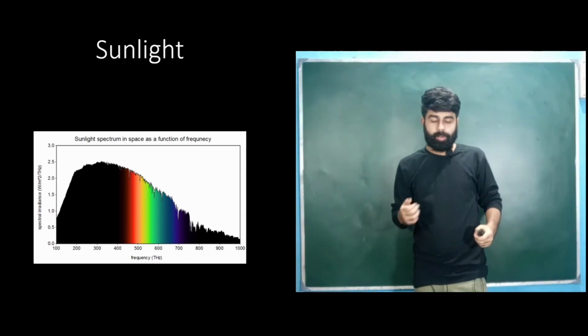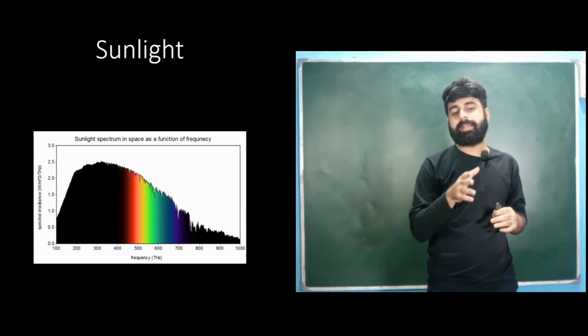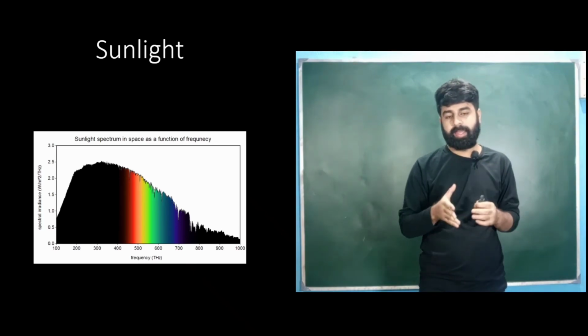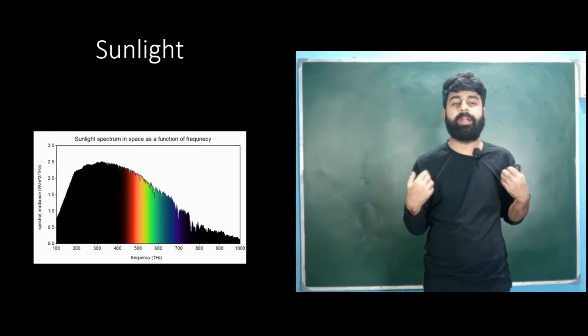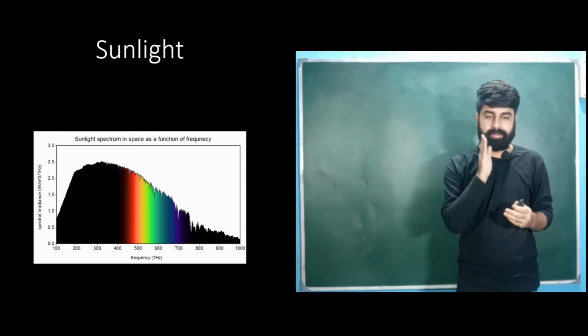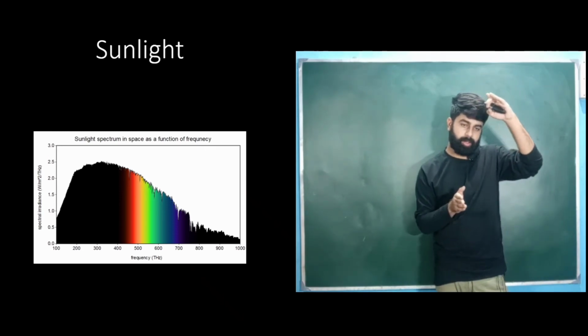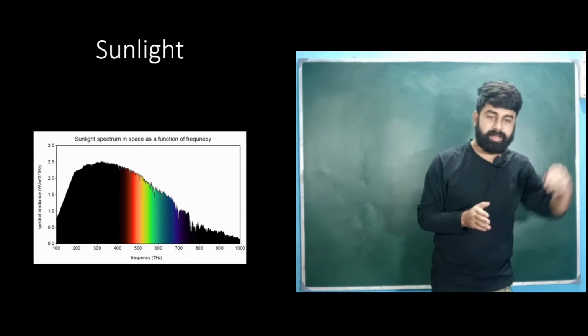So if you look at the spectrum, you can see the maximum energy from the sunlight we are receiving is in the region of the infrared, the red light, then yellow, then the graph is slightly decreasing.